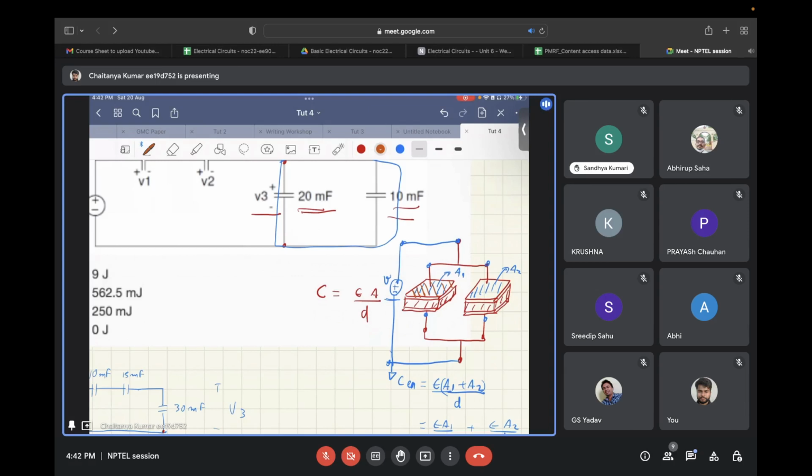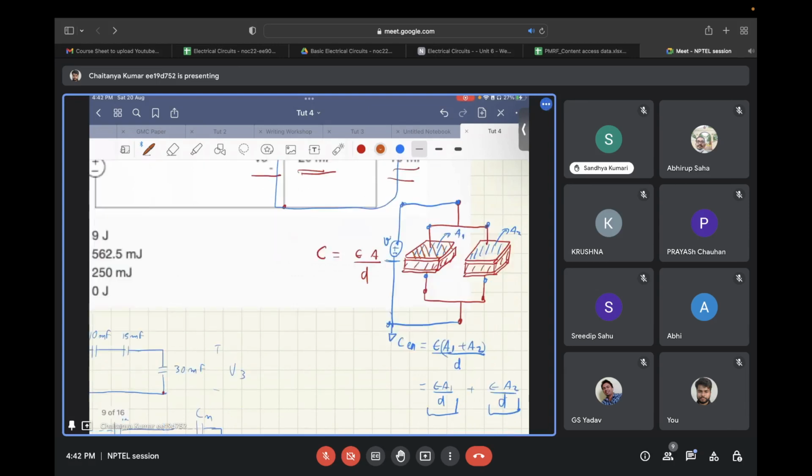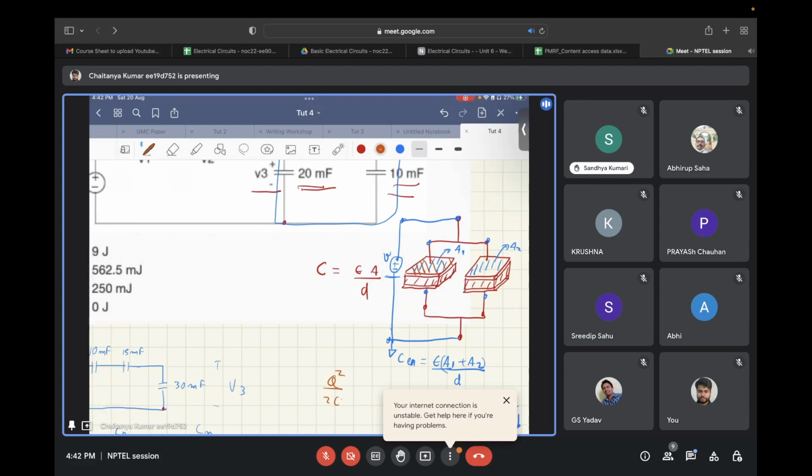what is basically the energy? If you see it in the form of charge, it will be a little easier. In charge form, the energy is Q square by 2C, right? Yeah.